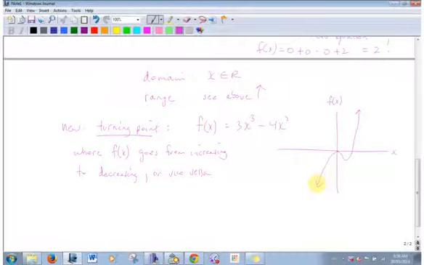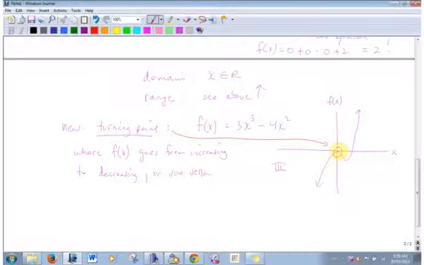So if I start down here in quadrant 3, f of x, think of it as y, gets bigger and bigger and bigger and bigger until it gets to this point. Then what happens? It turns. That's a turning point. It starts getting smaller again. So right there, that's a turning point.